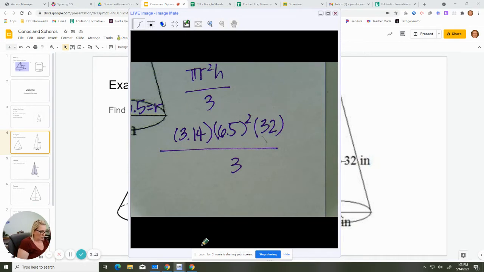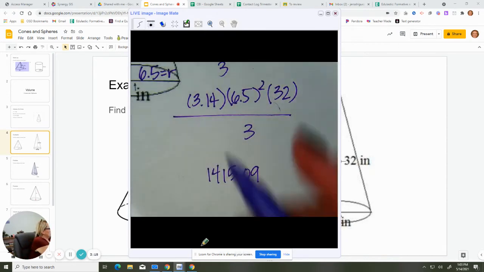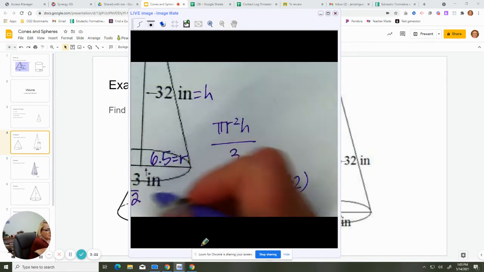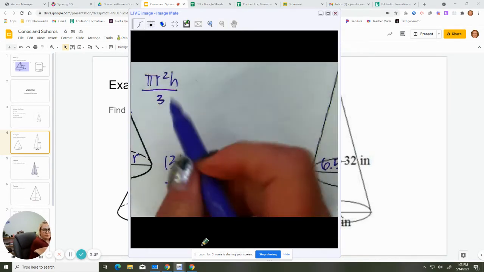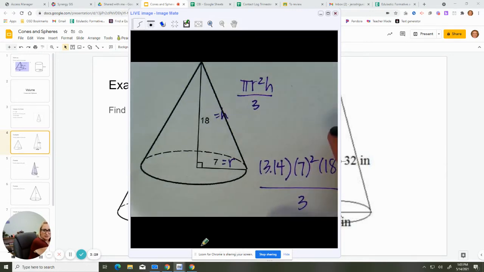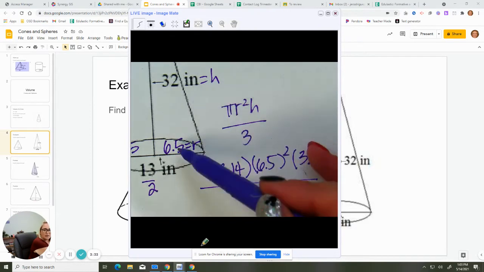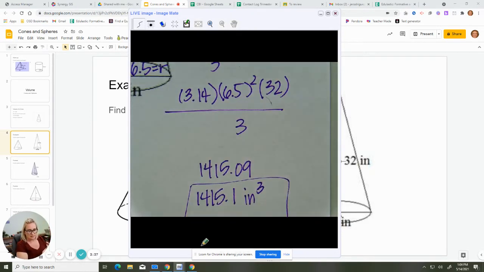And when you do that, you get 1,415.09, which again, to the nearest tenth would be 1,415.1. And because there's inches, it would be inches cubed. This first problem didn't have any units on it, so that's why we didn't have any units in our answer. This one did have units, so that's why we need to make sure that we have units in our answer.